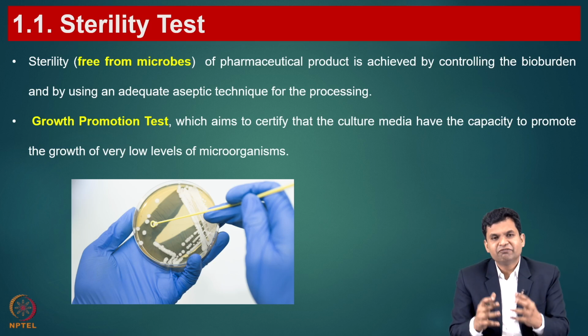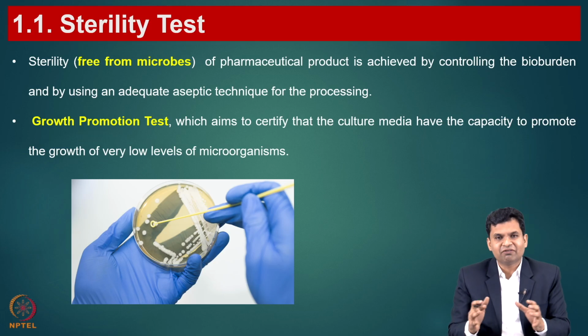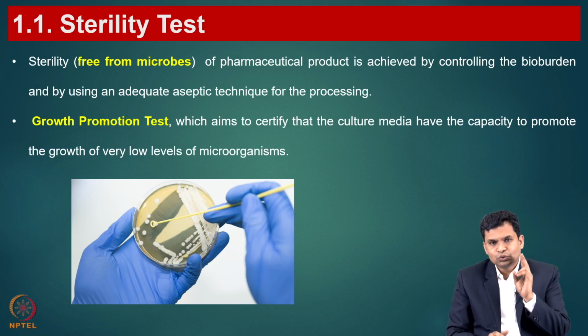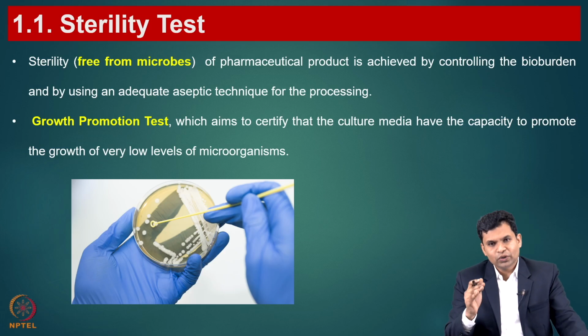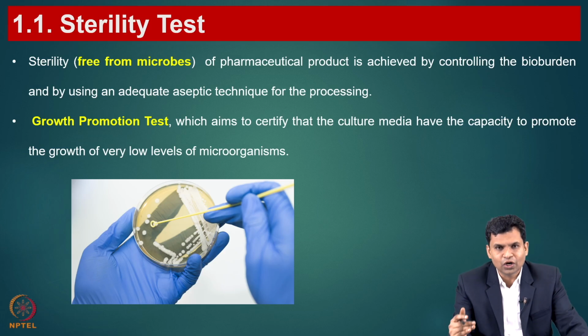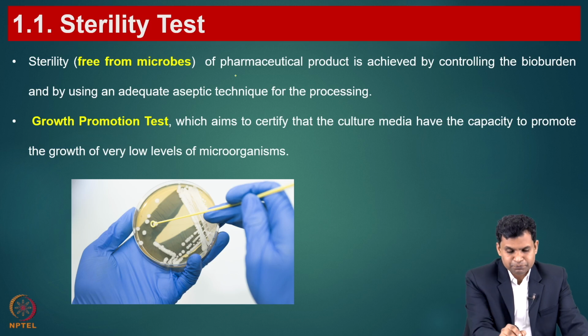Still, we need to see the quality of our pharmaceutical products. The sterility test is especially important for two types of dosage forms: first the parenteral, and second the ocular. So, a formulation called a sterile pharmaceutical should show the absence of microorganisms in the finished product.